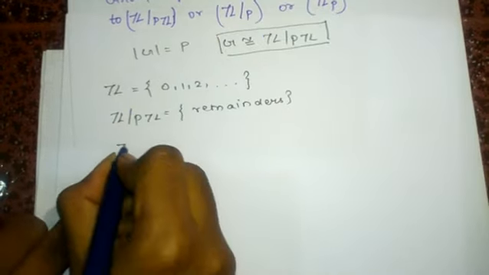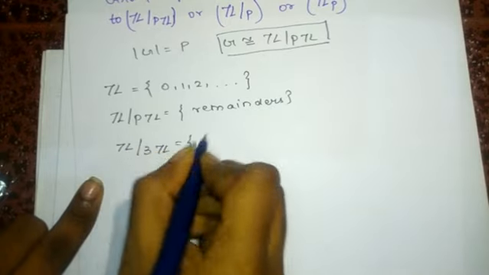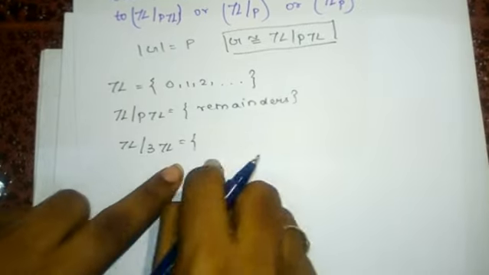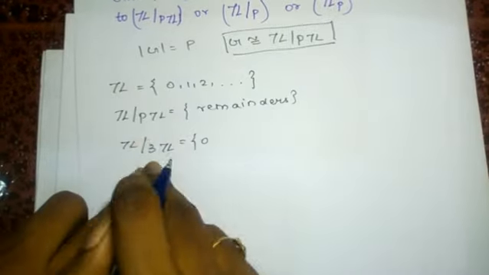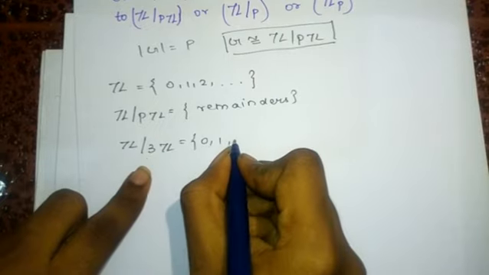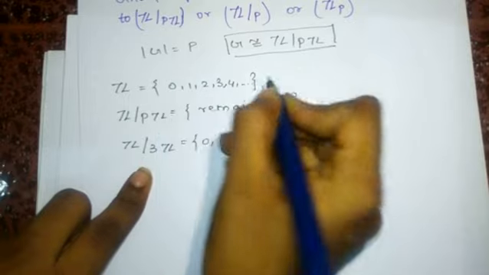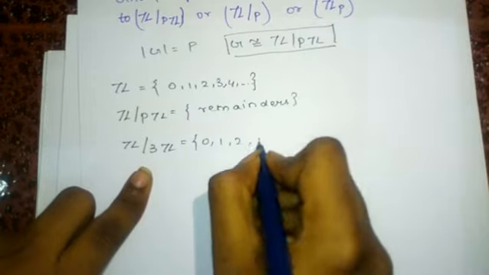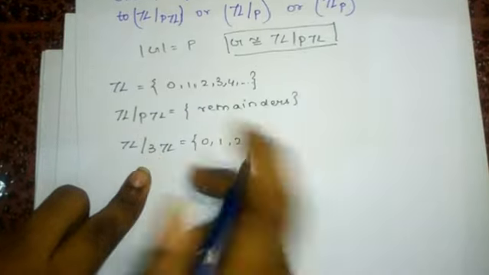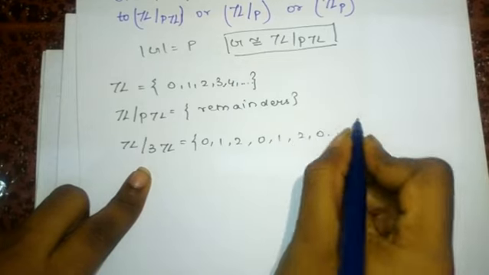For example, for Z modulo 3Z, I divide 0 by 3 and the remainder is 0, 1 by 3 the remainder is 1, 2 by 3 the remainder is 2, and there are many more elements, 3, 4 and so on. 3 by 3, once again 0, 4 by 3, once again 1, then 2, and it repeats itself.